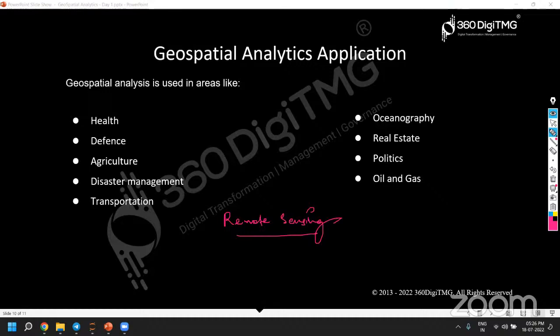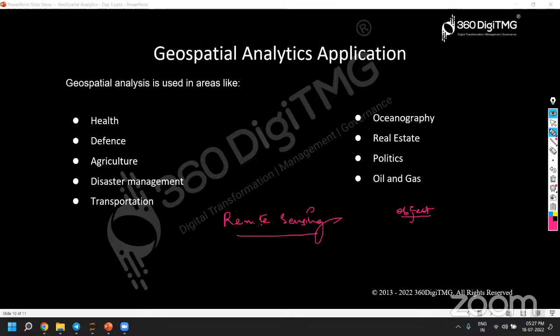Remote sensing is basically the collection of data about any specific object without contacting it, remotely. Here the object that we are speaking about is Earth, and we are trying to get the details about this object without touching it.